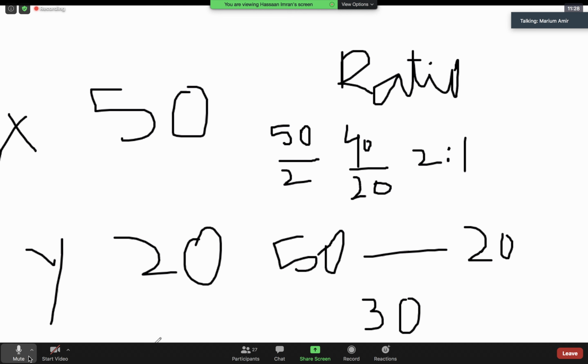Yes, ma'am. So what do you think we can do mathematically whenever we have to look at who has more and who has less, who has more risk, who has lesser risk? What we do is either we take ratios or we take differences.